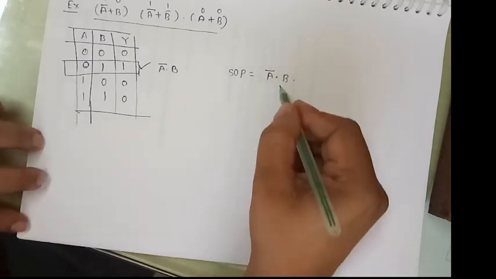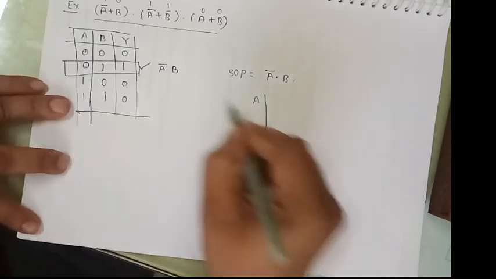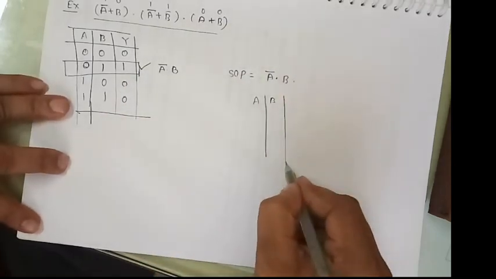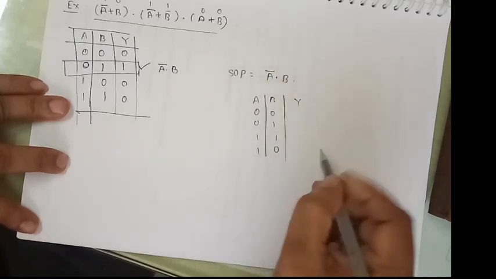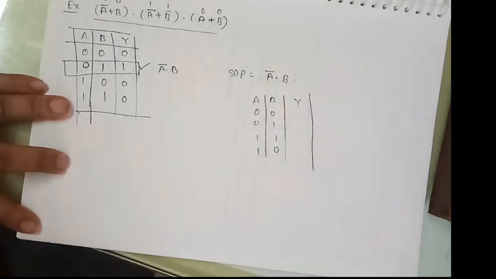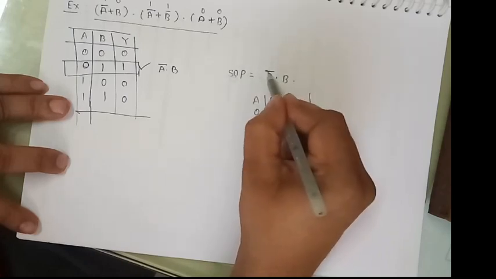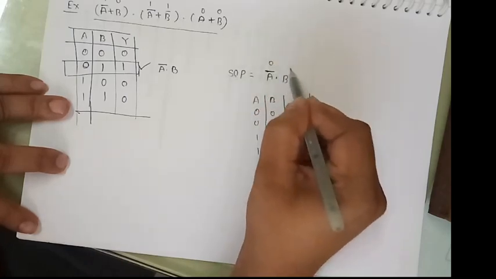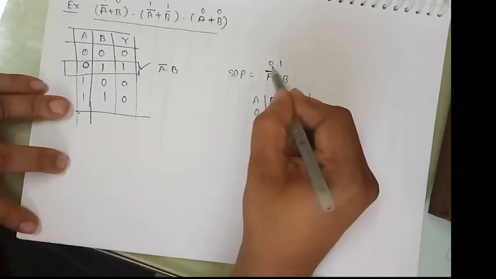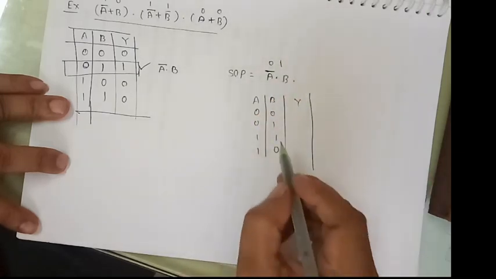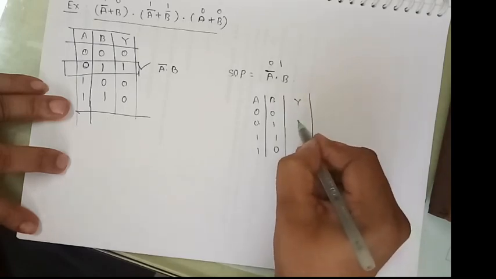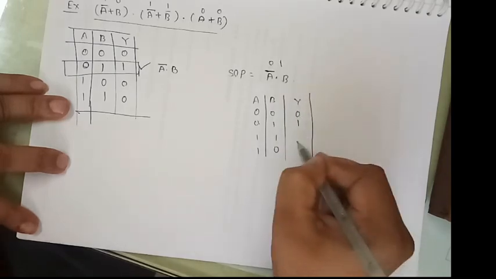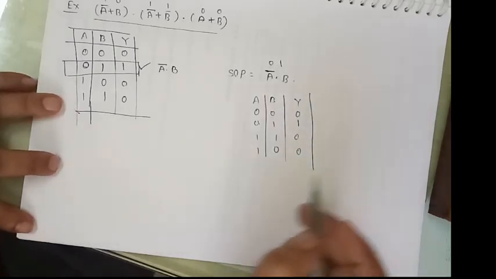If we write the truth table for this one, then also we will get the same table. Let us see. Suppose 0 0, 0 1, 1 1 and 1 0. So A bar for an SOP equation: bar value is 0, and original value is 1. So for 0 1 we have to write Y equal to 1, and the remaining cases are 0.